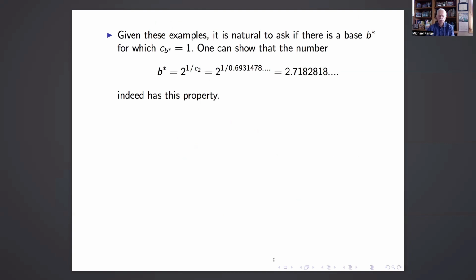And one can show quite easily that the number defined by b star equals 2 to the power 1 divided by c sub 2, that is 2 to the power 1 divided by 0.69314, and so on. And if you use a calculator, you see that this number begins with a decimal expansion given by 2.71828, and so on.